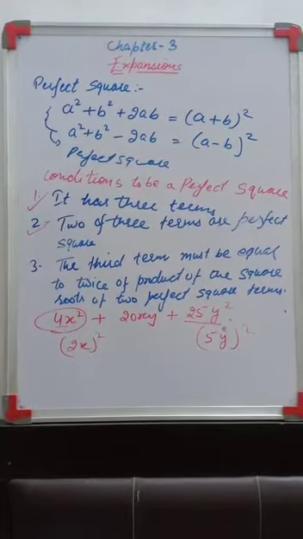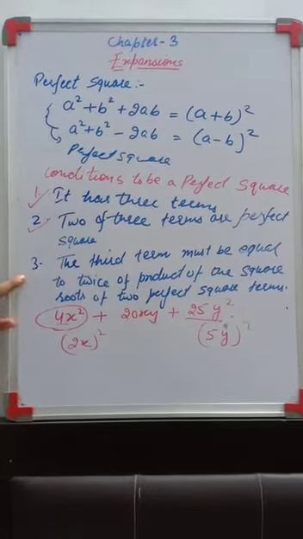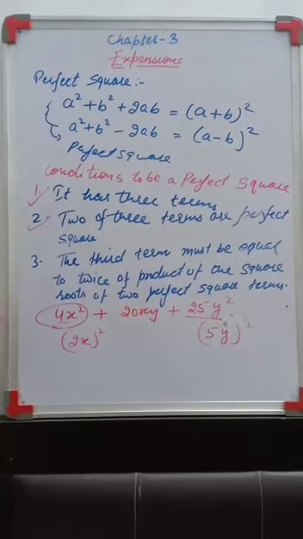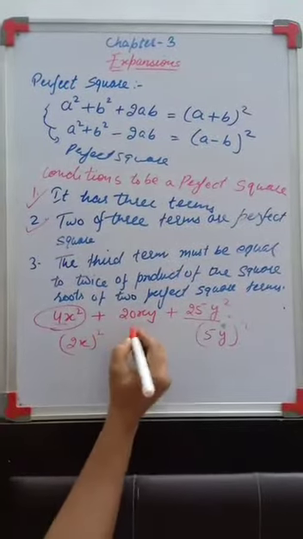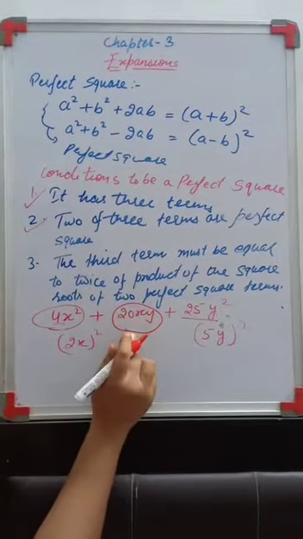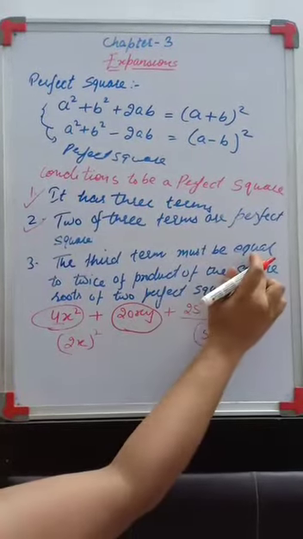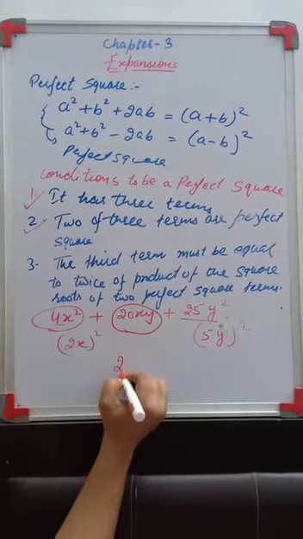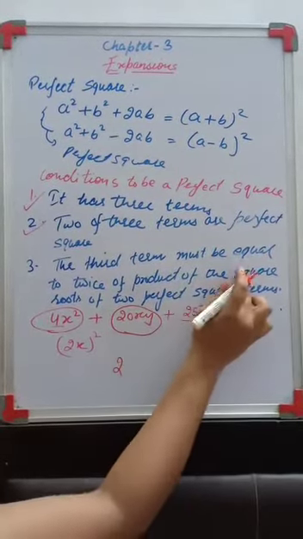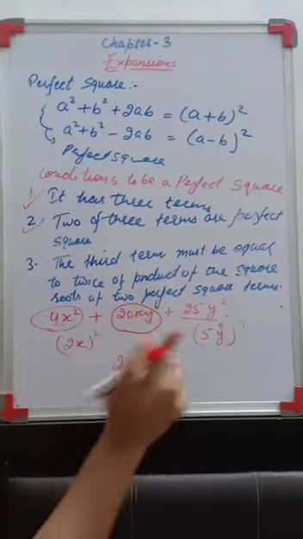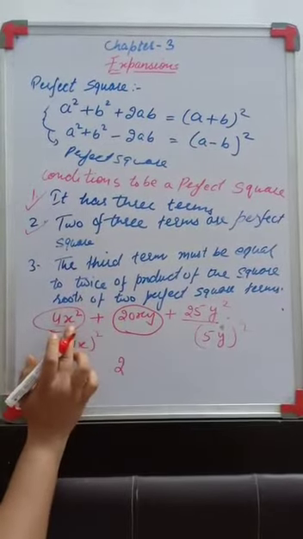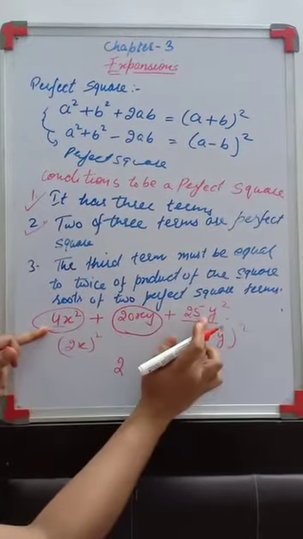Now come to the third condition, which is very important. The third condition is that the third term must be equal to twice the product of the square roots of the two perfect squares. The perfect square terms are 4x square and 25y square.